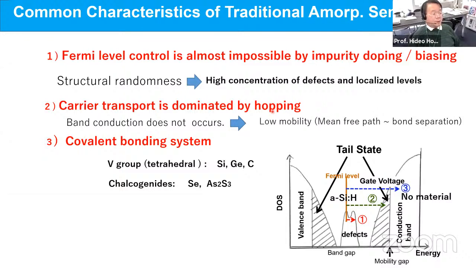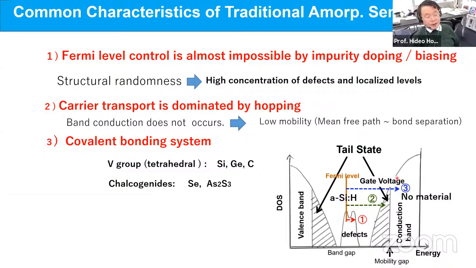The formation is easy, but electron transport is much degraded. The low mobility means that the mean free path of the electron is almost the bond separation. And the materials studied so far are limited to the covalent bonding system, like the tetrahedral system or chalcogenide.